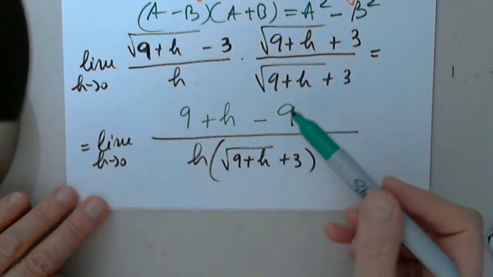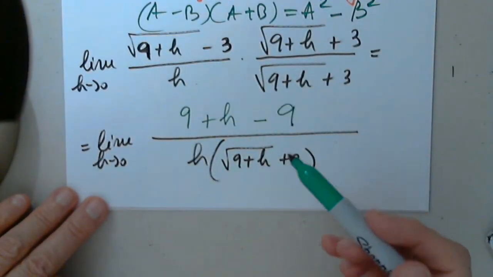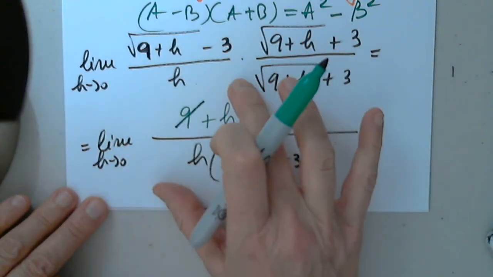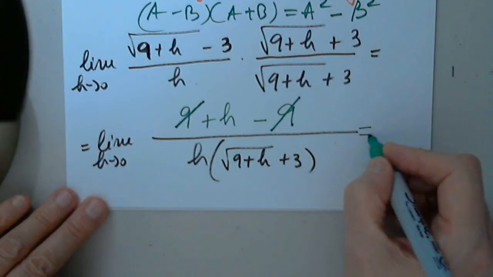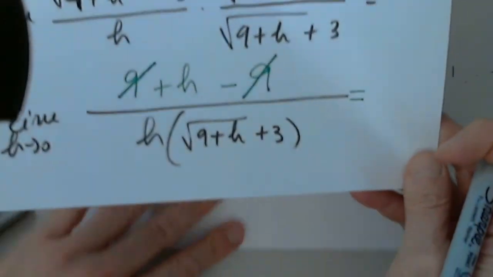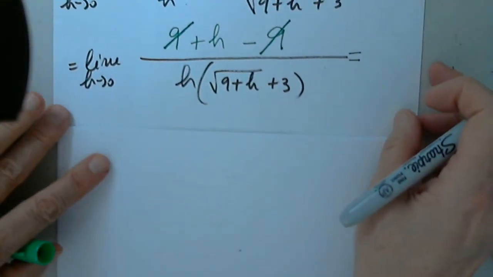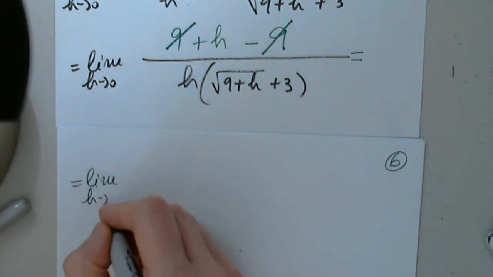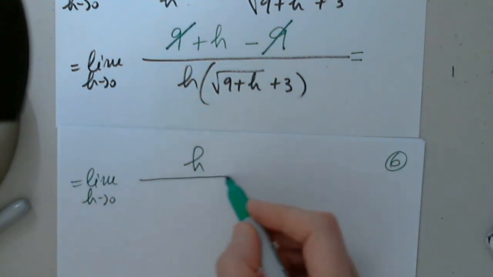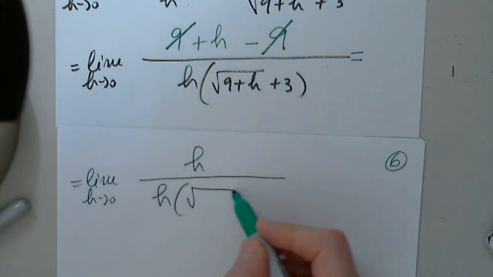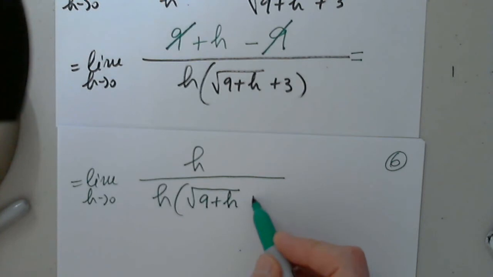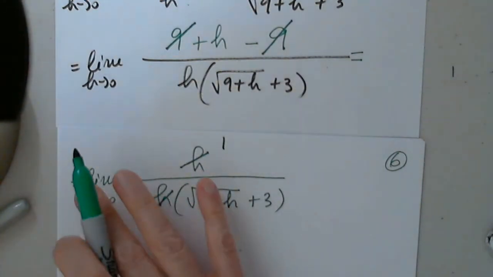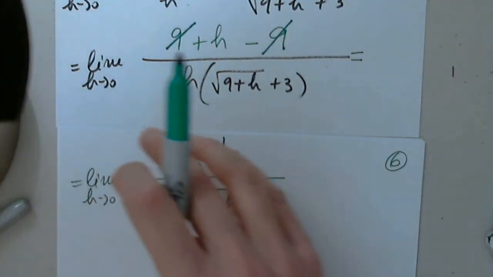As expected, as we know from the difference quotient, that's what this is. The terms without h must go away. Please don't simplify here. Write equal symbol, copy the limit operator again. Do not drop the limit operator, please. Limit as h approaches 0, h divided by h times the square root of 9 plus h plus 3. Now I can simplify. Now I will drop the limit operator because I apply it to this function.